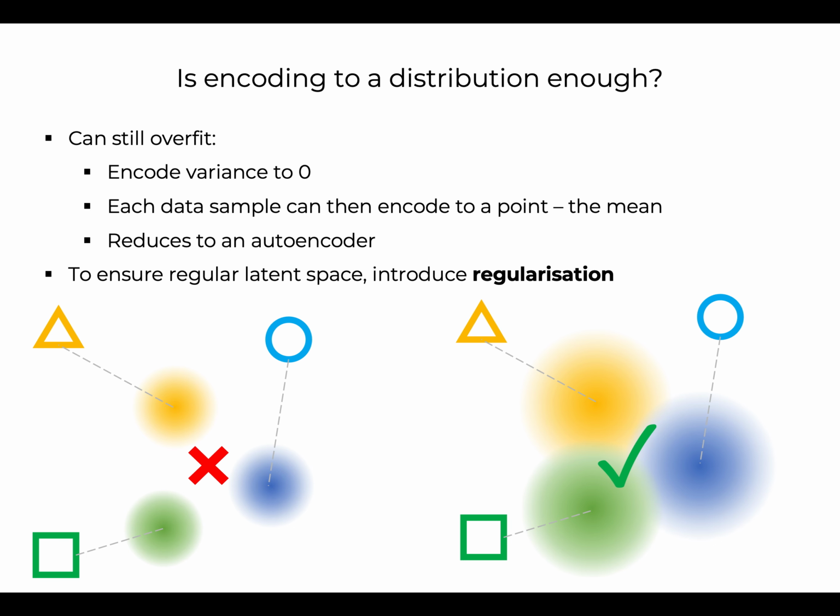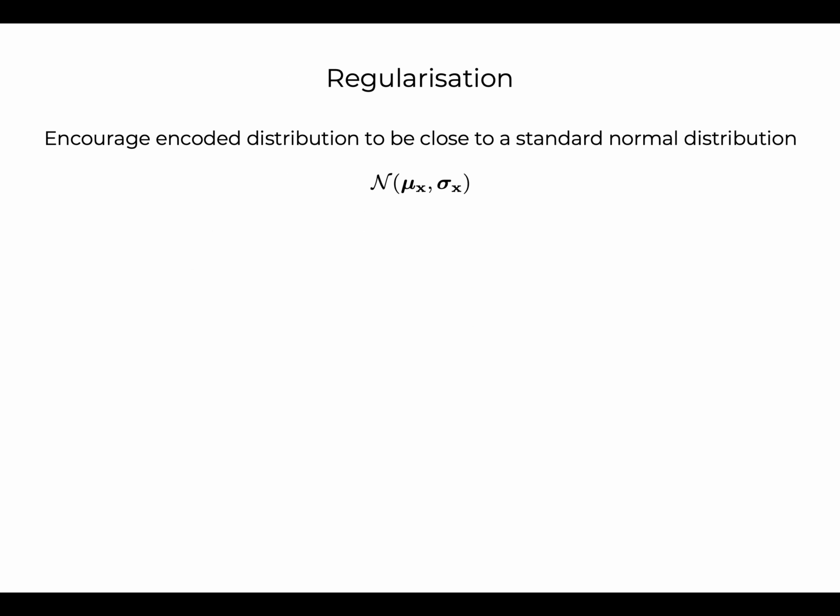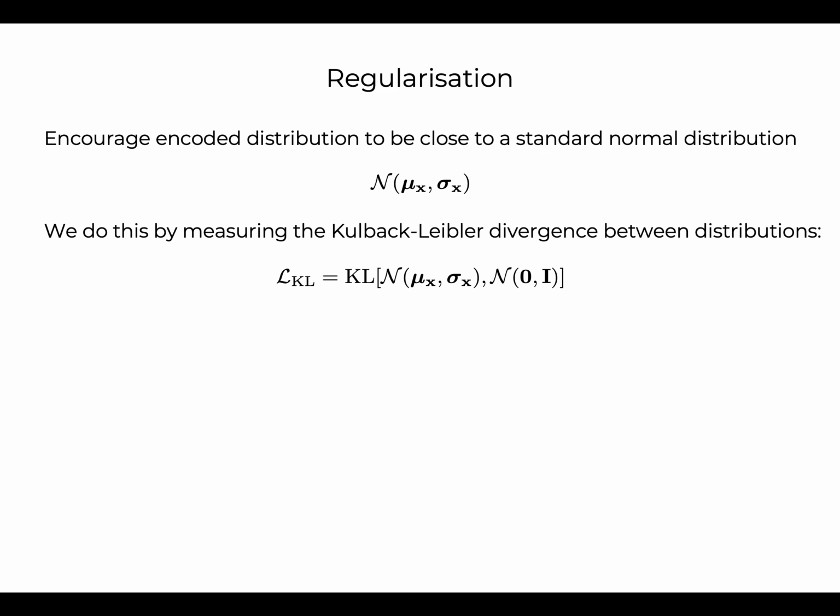So how do we actually achieve that? Well, what we do is we encourage the encoded distribution to be close to a standard normal distribution, in other words, with 0 mean and variance 1. We do this by measuring the Kullback-Leibler divergence between the distributions.